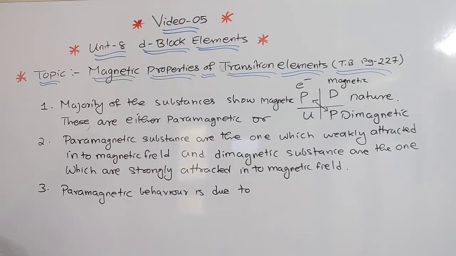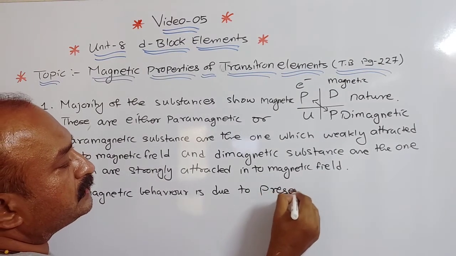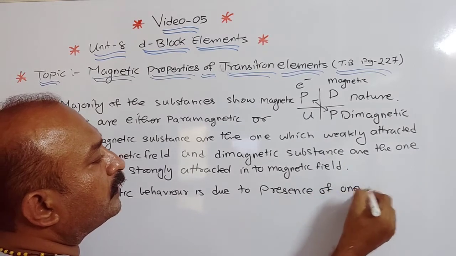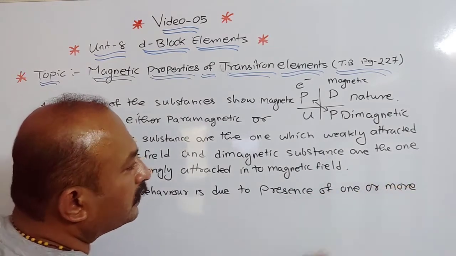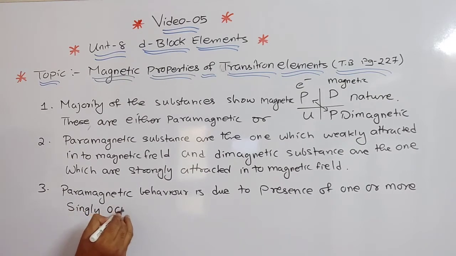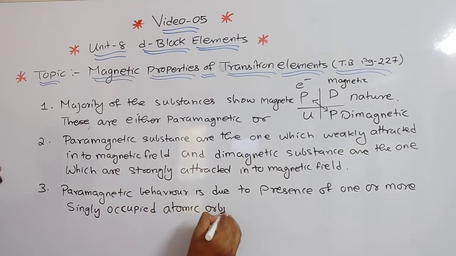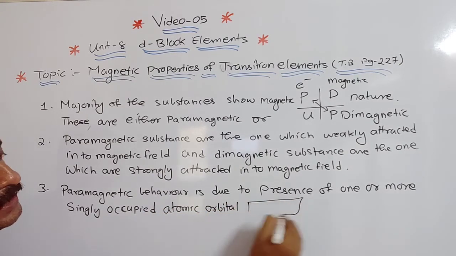The paramagnetic behavior arises due to the presence of one or more singly occupied atomic orbitals.